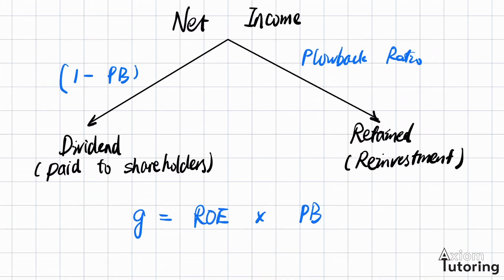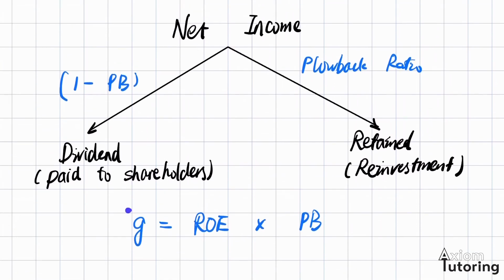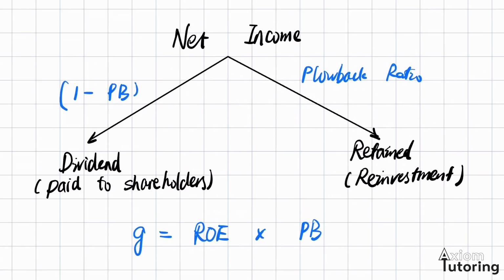The thing to understand here is that the growth rate of this firm is basically your ROE, the ability to earn for this firm, multiplied by its plowback ratio. This growth rate is also the growth rate for the dividend, because if you keep the plowback ratio and the ROE constant, then what is not being plowed back is going to be the dividend.